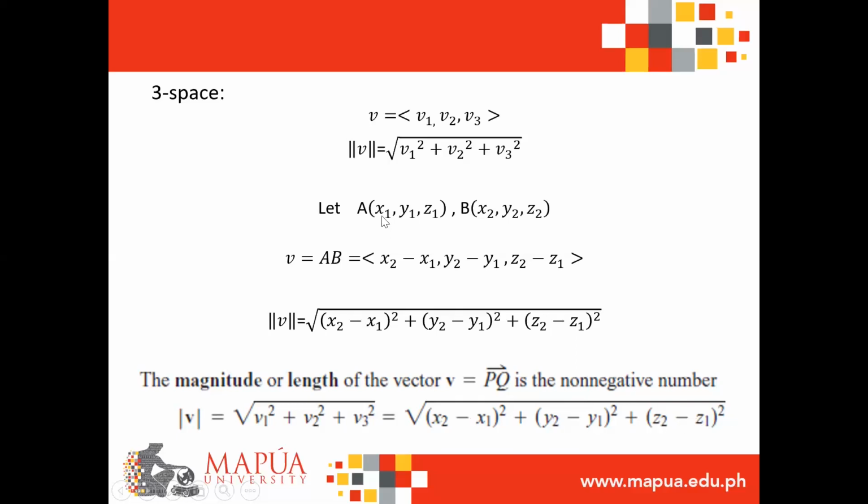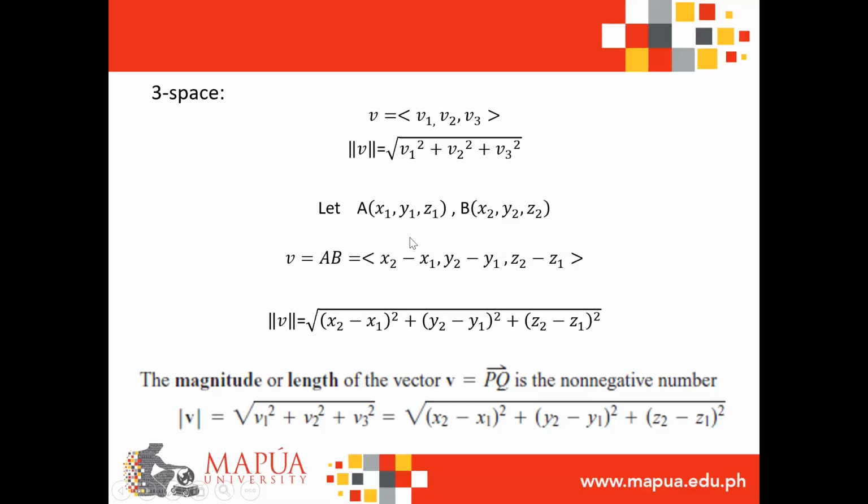So it means that in this vector v, whose components are v1, v2, v3, and another vector which is represented by the line segment AB, we can say now that v1 is equal to x2 minus x1, v2 is equal to y2 minus y1, and v3 is equal to z2 minus z1.